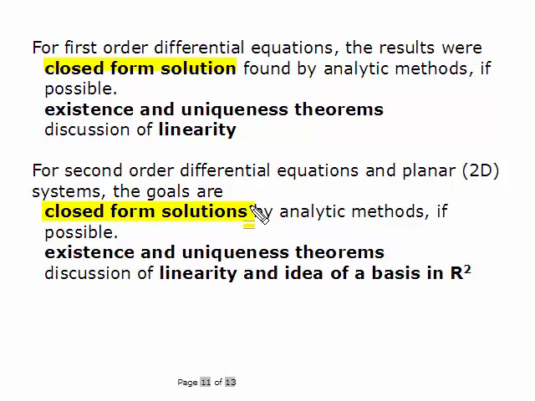Then in the next lecture here, and in the second lecture in the other chapter, we looked at existence and uniqueness theorems and discussed linearity. If you recall, there were two aspects of linearity, one for homogeneous equations, where there was a principle of superposition. For the non-homogeneous equations, there were two extended principles of linearity.